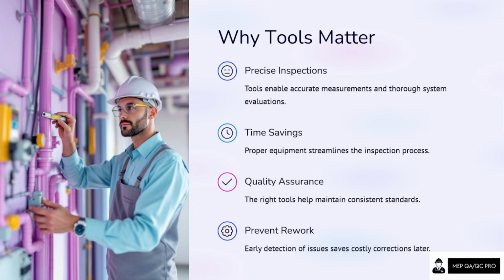And whenever you are checking anything with the tools, like the leveling, you will choose the water level or the spirit level to ensure that there is a proper level. That is also a basic tool which can easily identify the flow of the drain pipe and the level of the puddle flange, how you install it. So this has to be ensured through the tools, which can give you accurate measurement and system-wide evaluation.